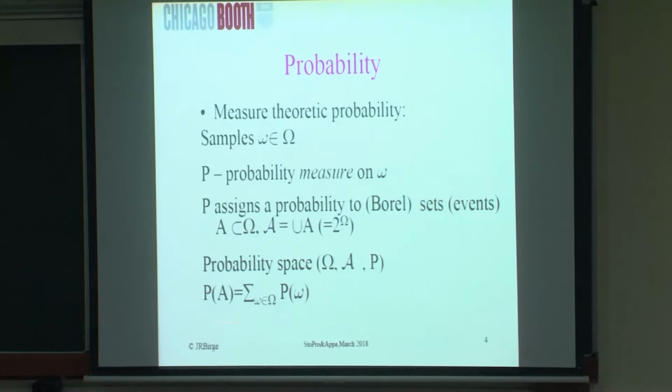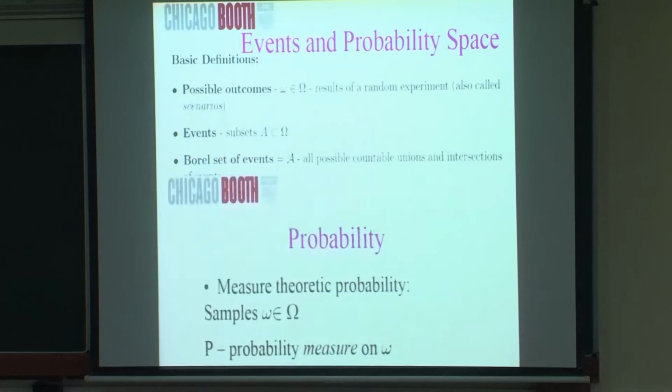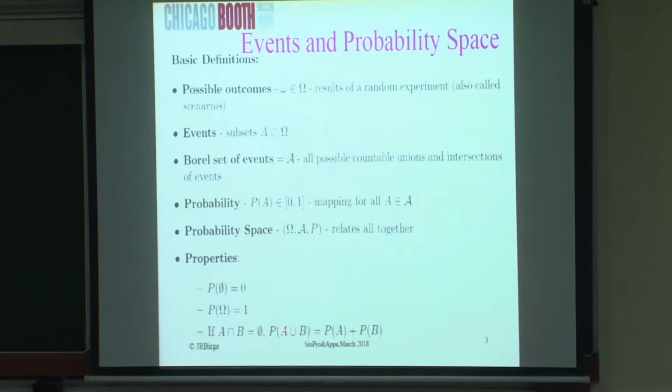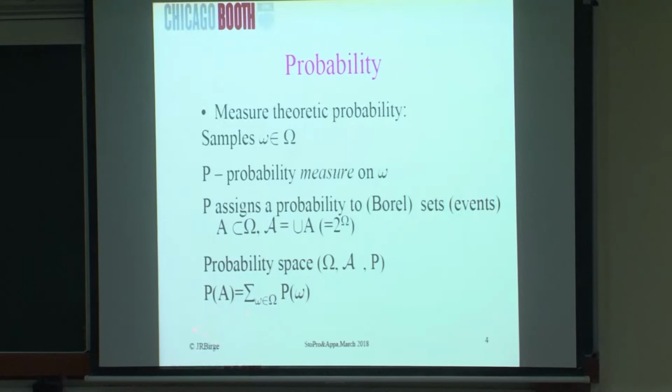Now, in particular, if you have a discrete set, or if you were able to make this sum from that last property down here, if this intersection is empty, that means if they're all different samples or different outcomes, then you can always just add them up.